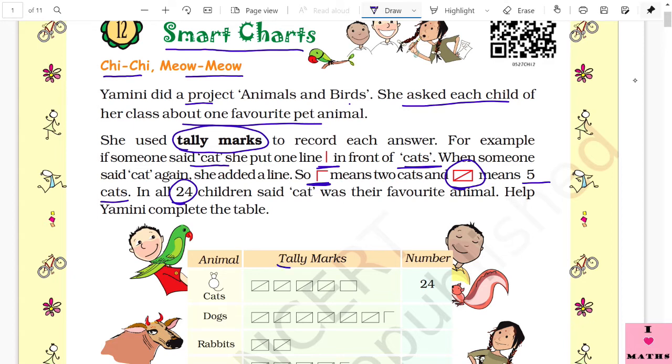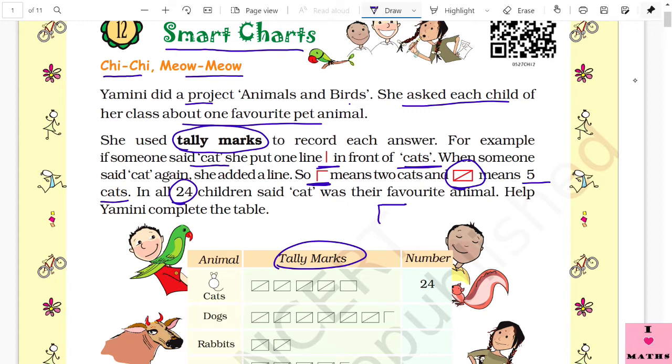Okay, children, tally marks. Now I will tell you first about these tally marks. If one thing is there, we draw a line like this. Next time when the same thing comes, we draw a line like this. It means presently two things are there.